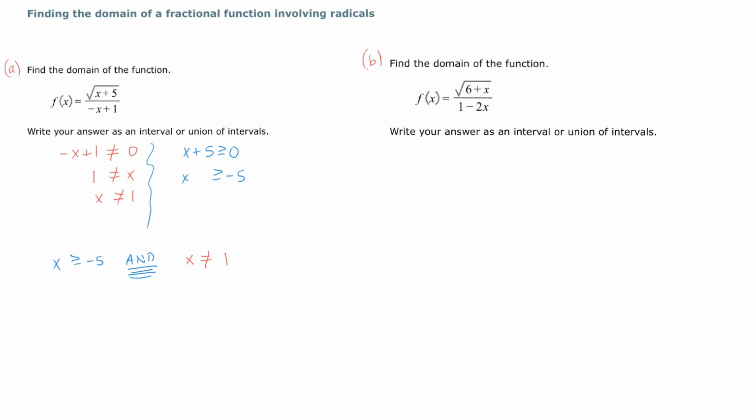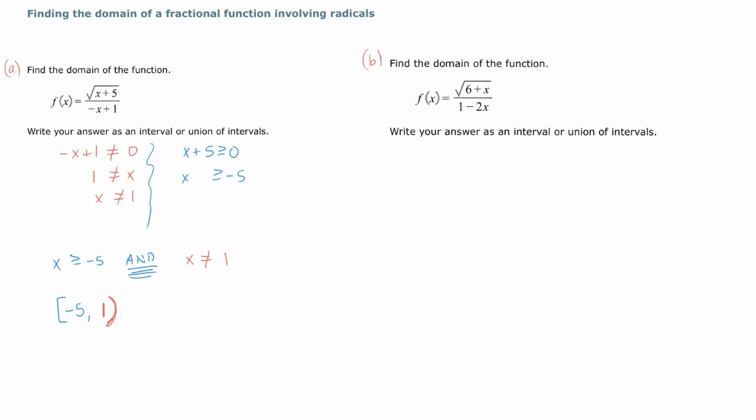So how do we write this in interval notation? Well, we start shading at negative 5, and then we shade all the way up to 1, but we cannot include 1. So we're going to write a parenthesis next to 1.